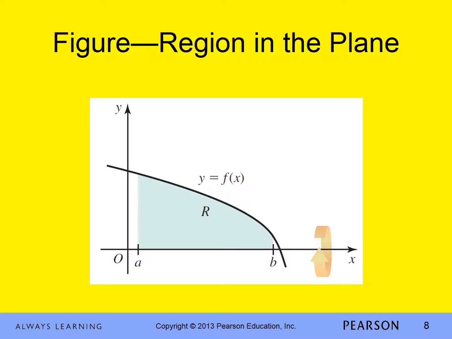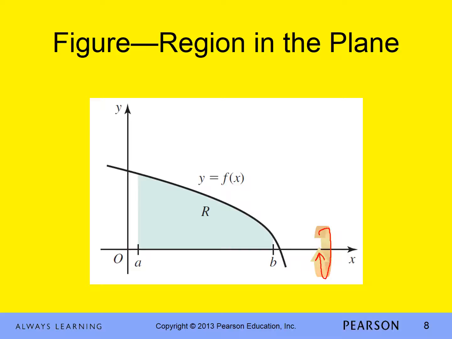Okay, now let's talk about a particular kind of volume, and that is a volume of revolution. Okay, so we're going to take an area, we're going to revolve it around the x-axis in this case. So this is just some region R, it could be anything, and we're going to create a solid by revolving or rotating the thing around the x-axis.